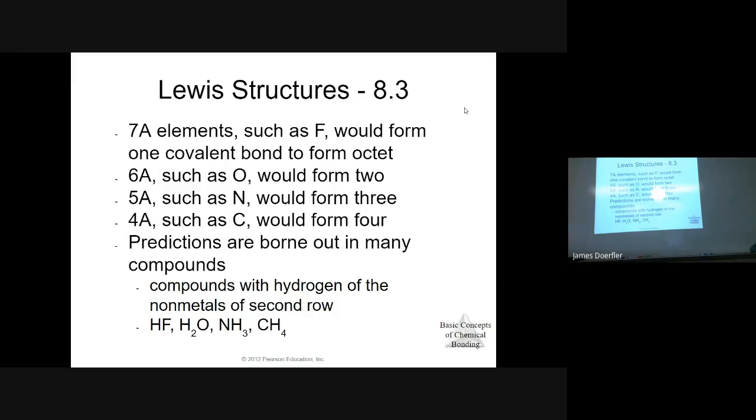They only need 1 to form the octet, so they're going to form 1 covalent bond. Group 6 with oxygen and sulfur, you're going to form 2 because they need 2 electrons each. 5A nitrogen would form 3, 4A carbon would form 4. And so you can predict a lot of these formations simply based upon the group number that they are in.